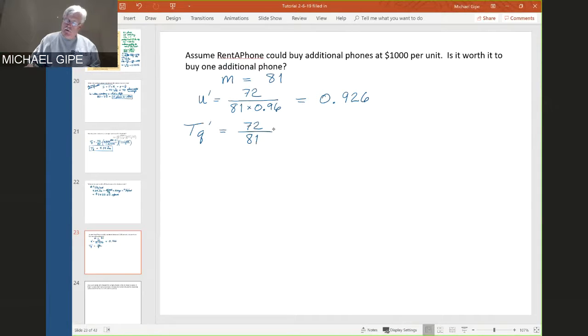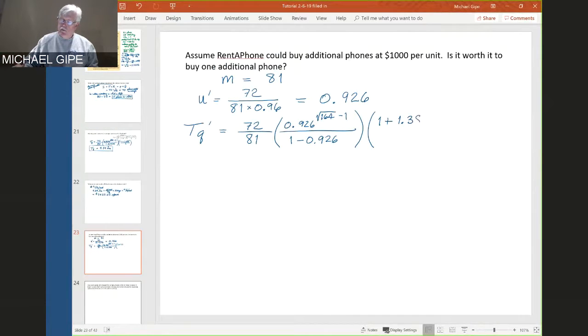Now the utilization factor is going to be a little bit different. And now the exponent will be the square root of 164 minus 1, and the bottom will be 1 minus 0.926. So that's going to change things a little bit. The coefficient of variability term is not going to be impacted. That'll be the same.